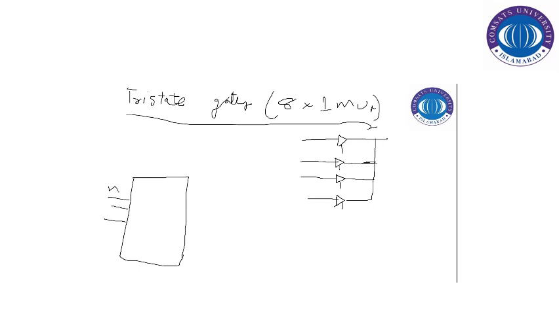So W, X and Y will be applied at the decoder inputs. This is a 3 to 8 line decoder. And these outputs of the decoder will be connected to the gate enabling and disabling mechanism.